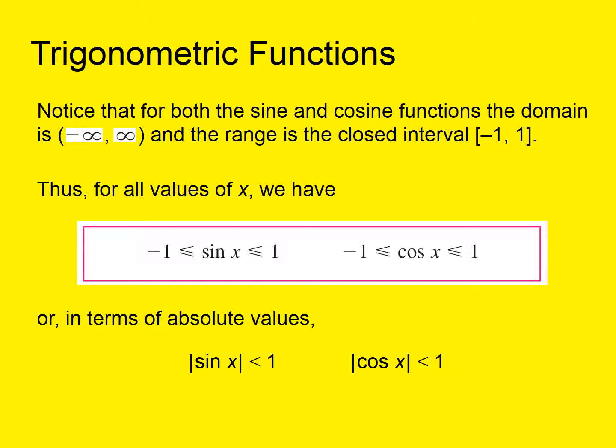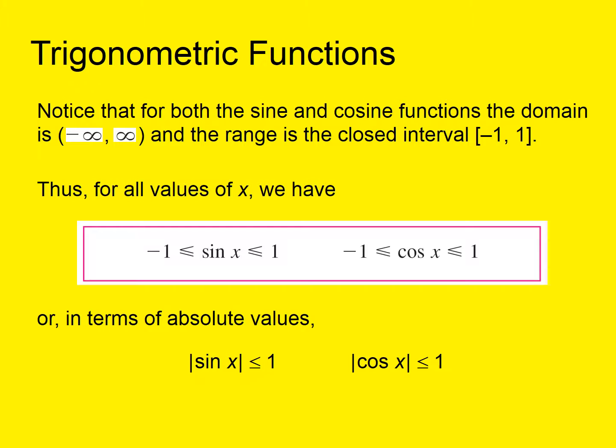Notice that for both the sine and cosine functions, the domain is negative infinity to infinity, and the range is the closed interval negative 1 to 1. Right? In the vertical, both of those graphs were trapped between negative 1 and 1. And so for all values of x, sine x is between negative 1 and 1 inclusive.